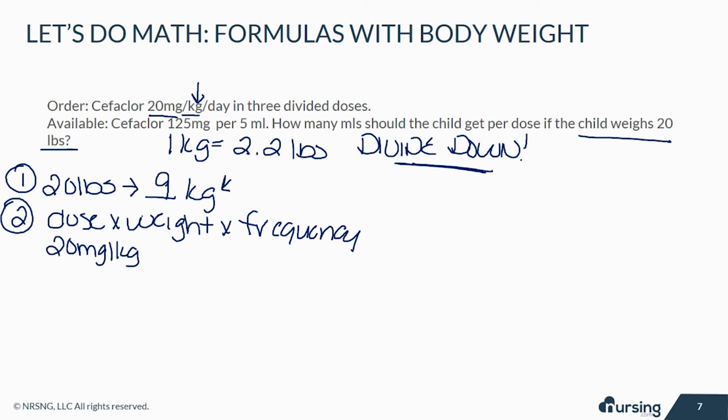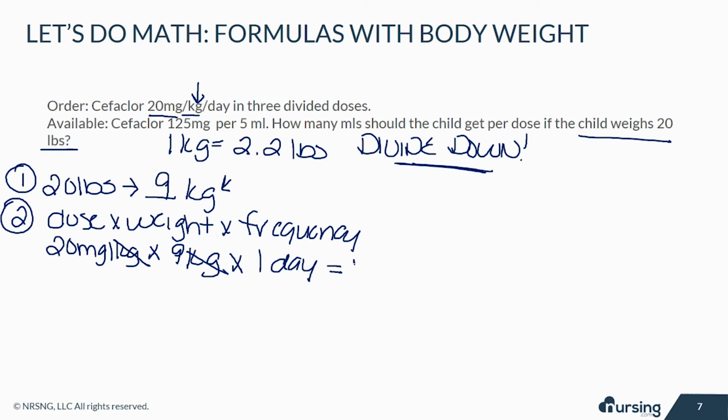Now we have this per kilogram, per meaning times 9 kilograms per 1 day, okay? Now, as you're working, if you continue to label with your units of measurement, things should fall off. Your kilograms will fall off. I'll stop here, we'll pause, and I'll let you do the math.